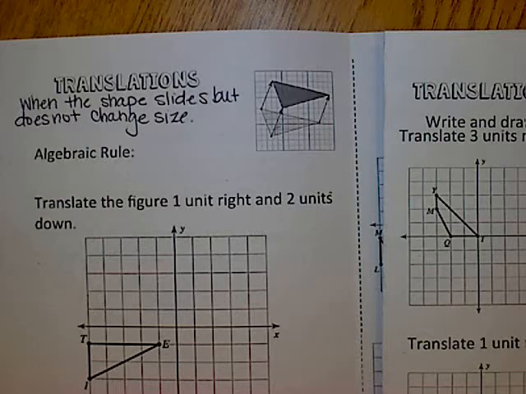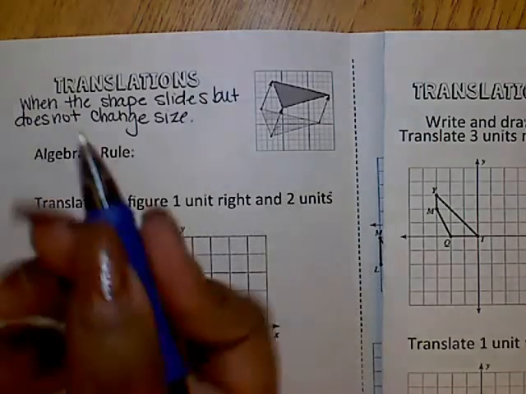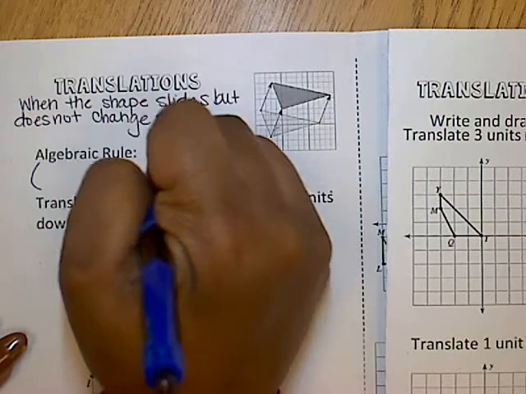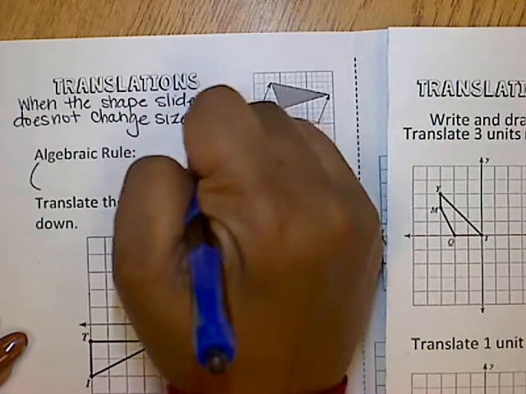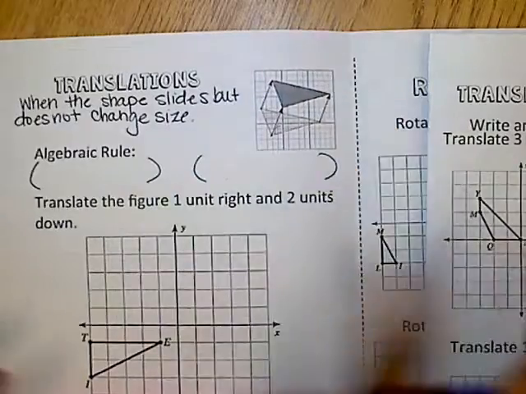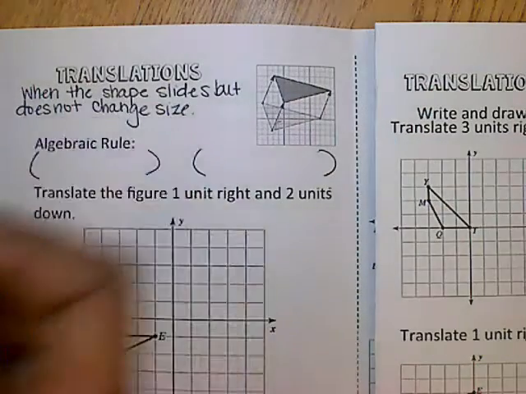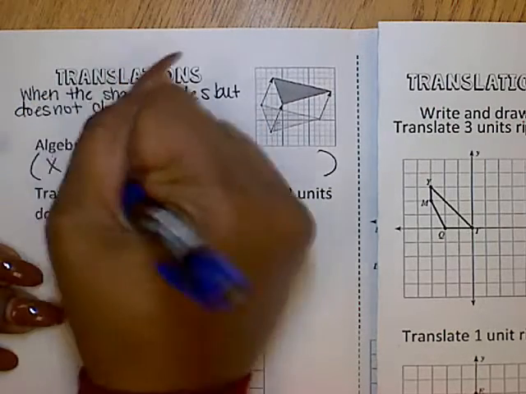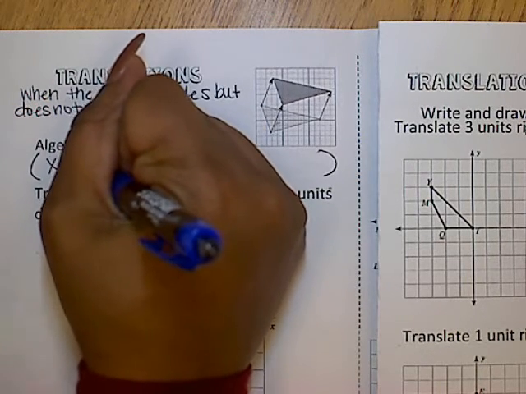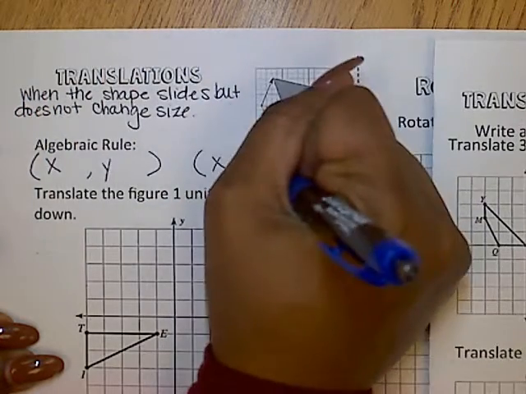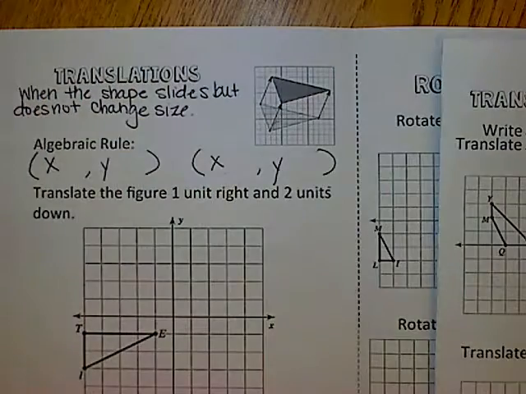So if we were to put like an algebraic rule on this, you would have these 2 different meanings, and it's just important to understand what these mean. So of course, you have X, you have Y, and so when you're translating, you're just adding or subtracting.